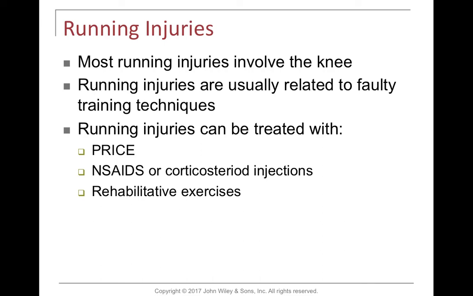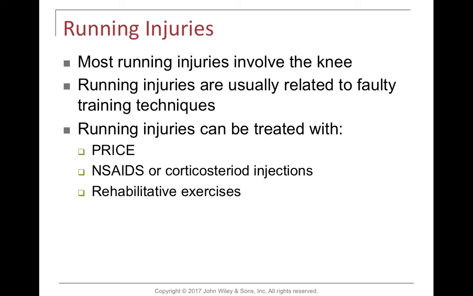So in RICE therapy, you will rest, you will reduce the inflammation, you'll apply compression, and you will elevate. And so you can also alternate moist heat and ice massage as a follow-up treatment after the RICE, after the initial injury.